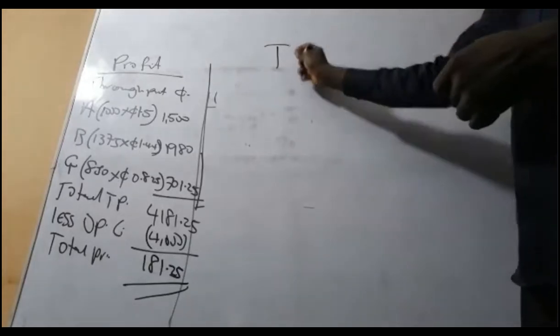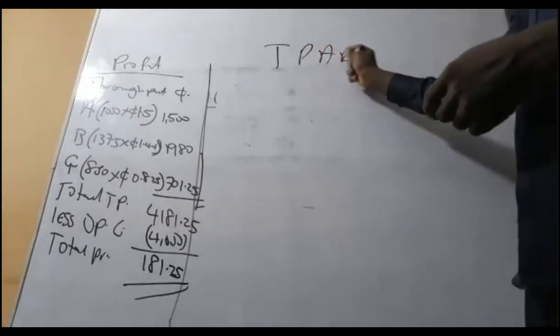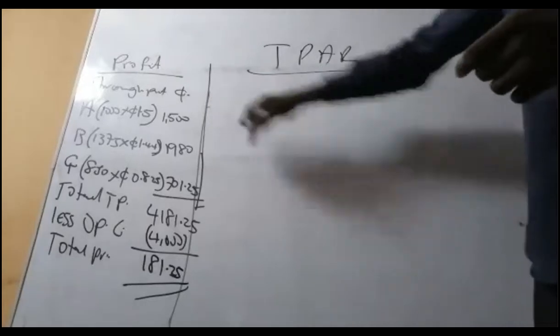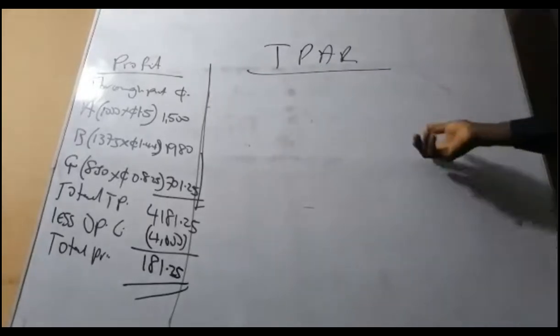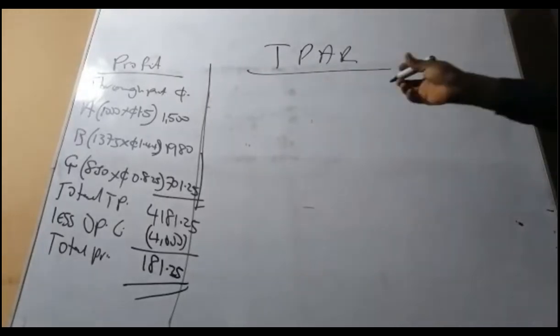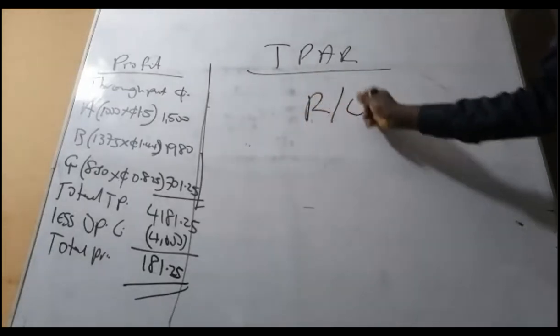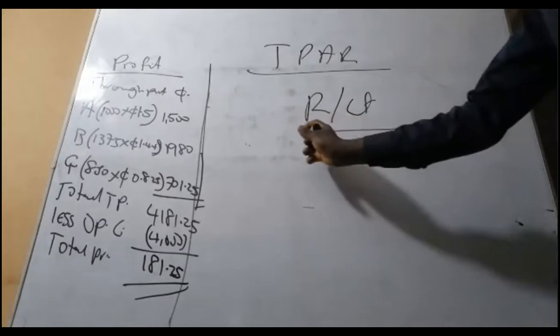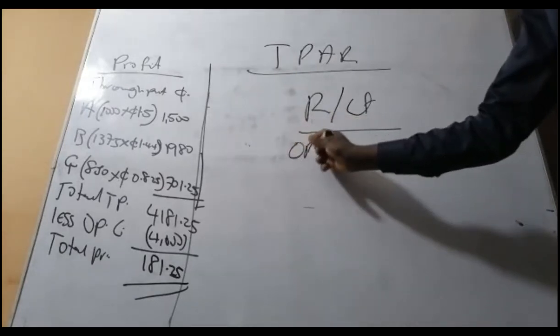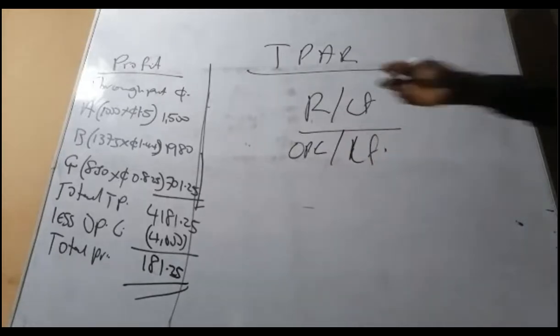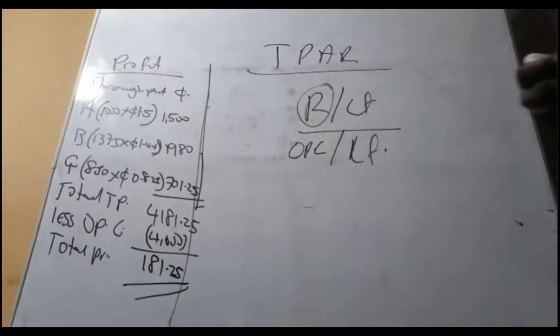No shortcuts. We need 2 items. It is a return per limiting factor divided by the operating cost per limiting factor. That is all. The return is the throughput, because we saw that return is also called throughput.